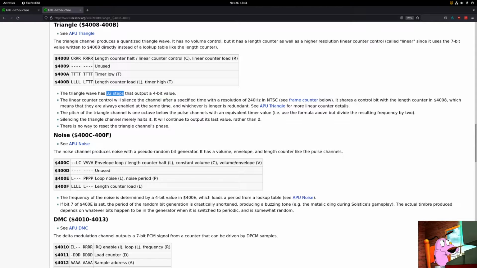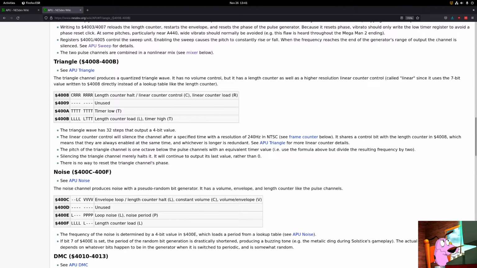It has a step sequencer as well, it looks like. Interestingly, it says silencing the triangle channel halts it, so it continues to output the last value. It doesn't mute it. There's no way to reset the phase.